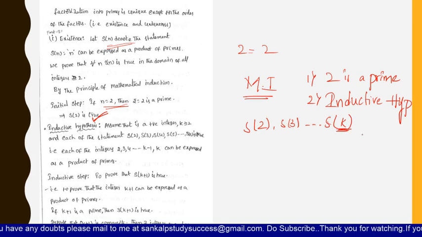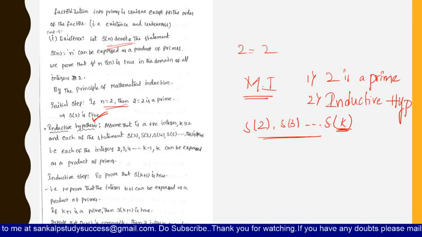In the next step you will prove for k plus 1. When you are proving for k, you should prove that it can be expressed as a product of primes. If it is a prime number, then we write the number as it is. If it is a composite number, you can express it as a product of primes.